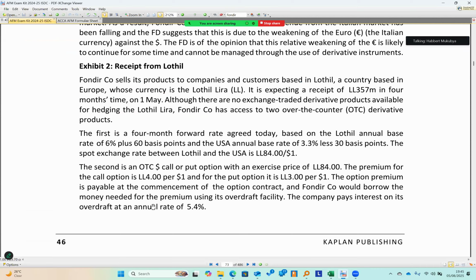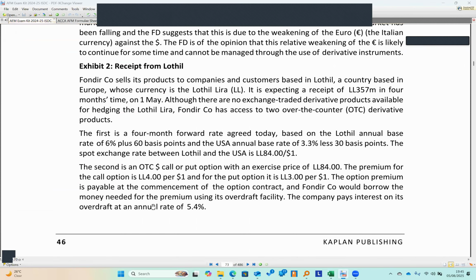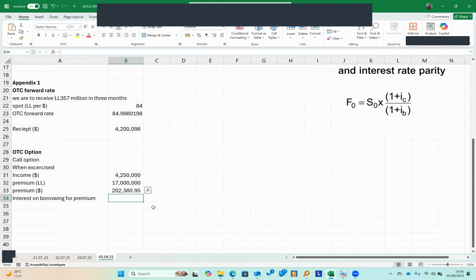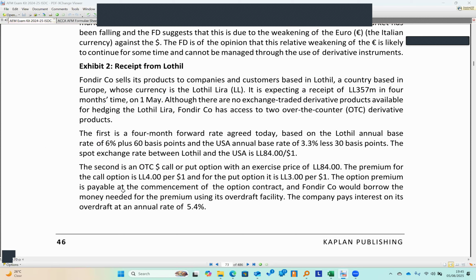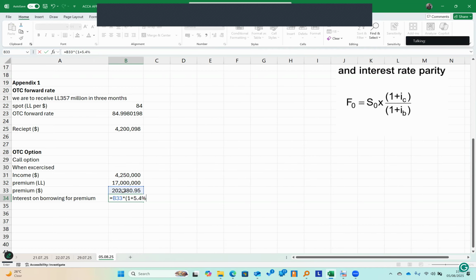But this is an annual rate, so we shall convert it to a 4 months rate, because this is 4 months, so divide by 3, because these are just 3 parts in a year. So you'd get this amount multiplied by 1 plus the interest rate, which is 5.4, but divide by 3.